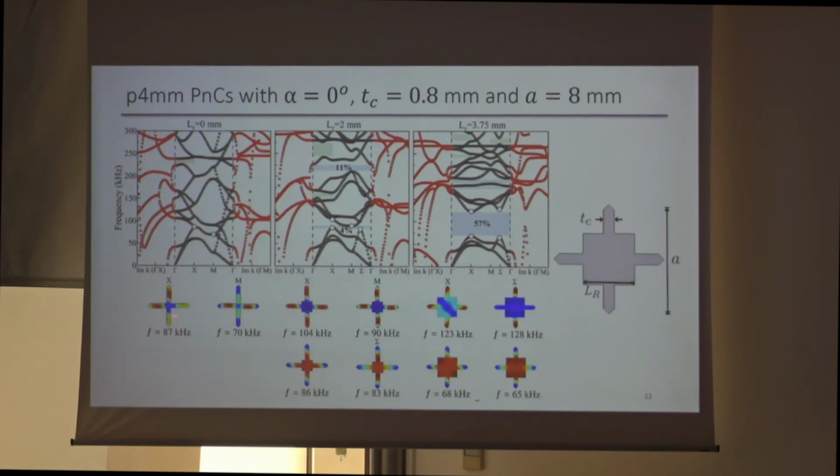If we don't have the local resonator in the square grid, we don't have any band gaps. If we introduce even a small resonator at every second node, then we will start to see small band gaps. If we increase the size, the band gap size will increase.